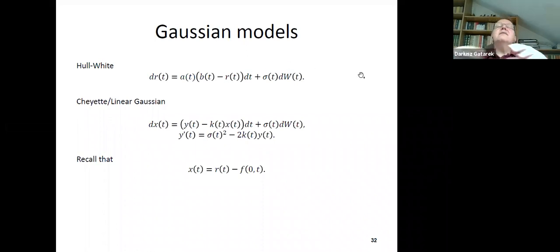So that makes calibration of the model more difficult.